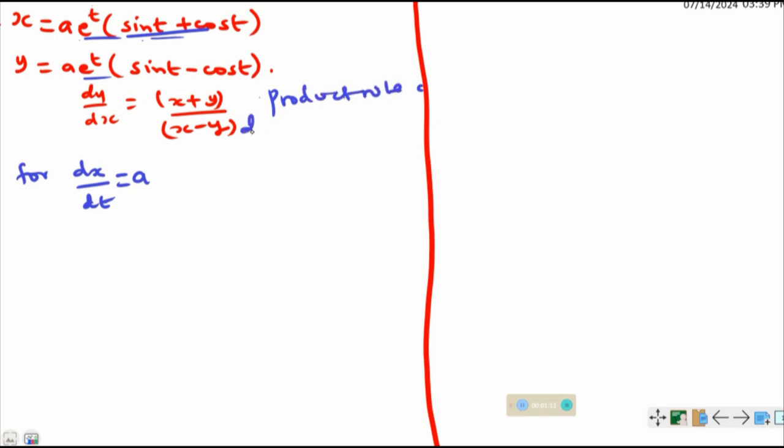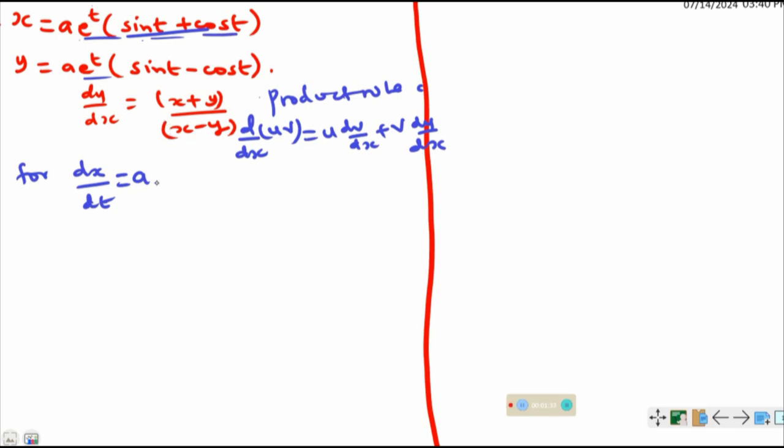You understand that if you are given d/dx of uv, where u and v are functions of x, then you will have u dv/dx plus v du/dx. So we shall do the same. e to power t will be taken as u, and sine t plus cos of t will be taken as v.